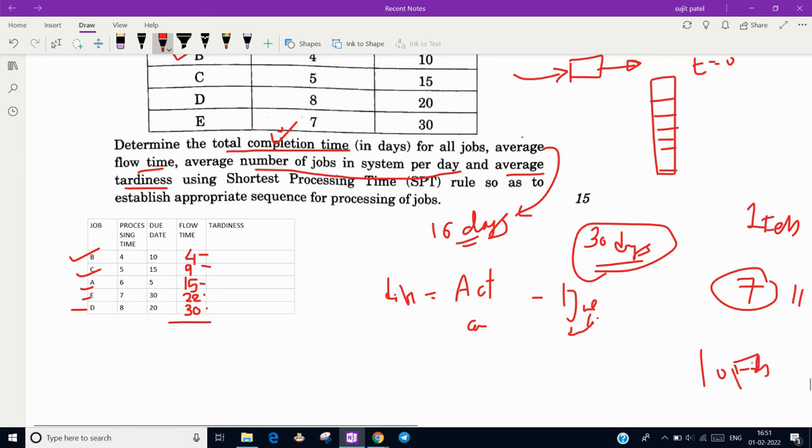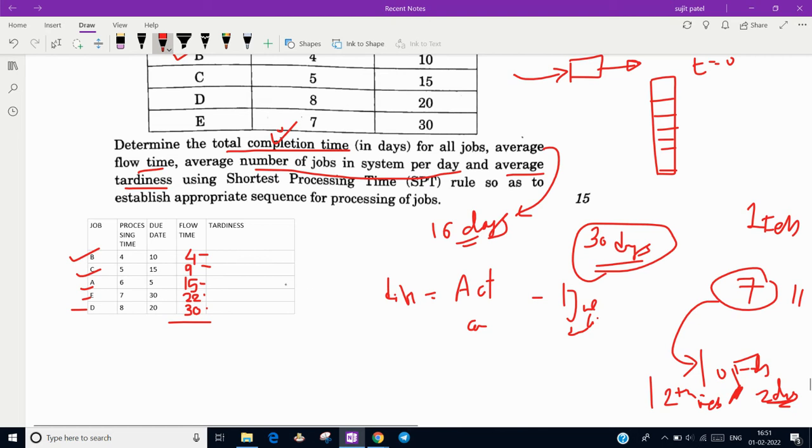But due to some reason you cannot complete it on 7th, and you complete it on 12th Feb. So the difference between 12 and 10th, that is 2 days, is called tardiness.